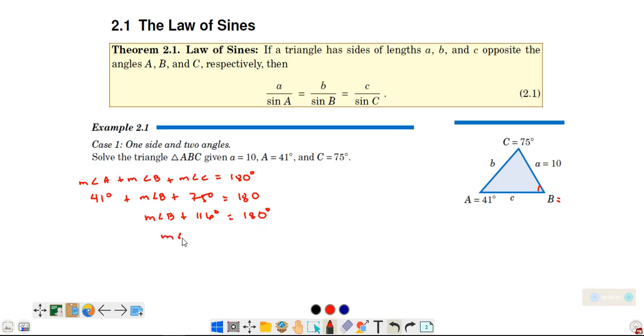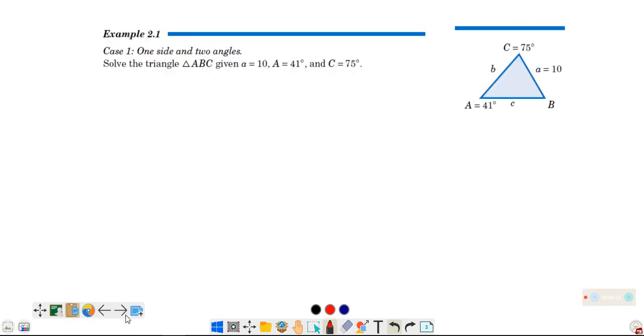And to get the measurement of angle B, we have to subtract 116 degrees from both sides. So, that will give us 180 degrees minus 116 degrees, and that will give us the measurement for angle B, 64 degrees. So we know that B is equal to 64 degrees. Now, let's find the measurement of the sides B and C. Ayan.